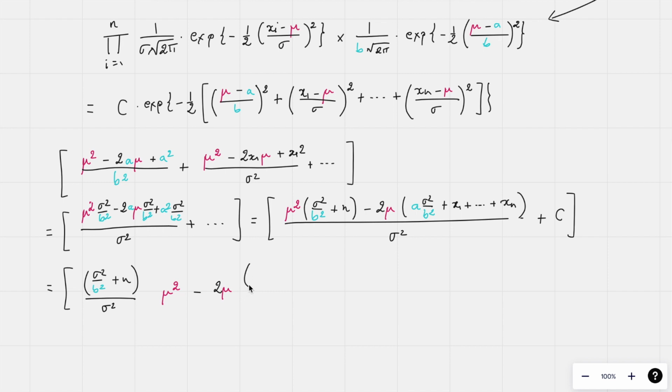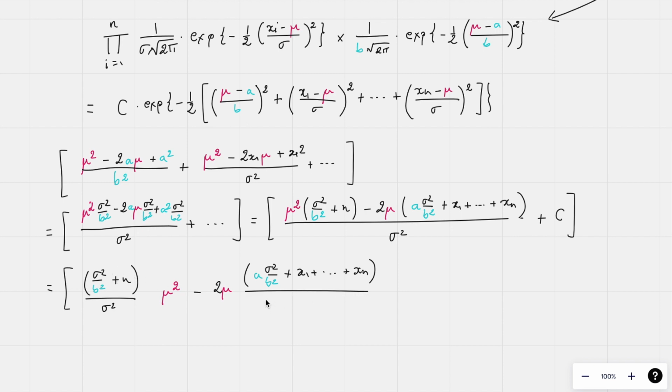So A times sigma squared divided by b squared plus x1 plus all the terms including xn, and dividing everything here by that term that I've put in factor here.